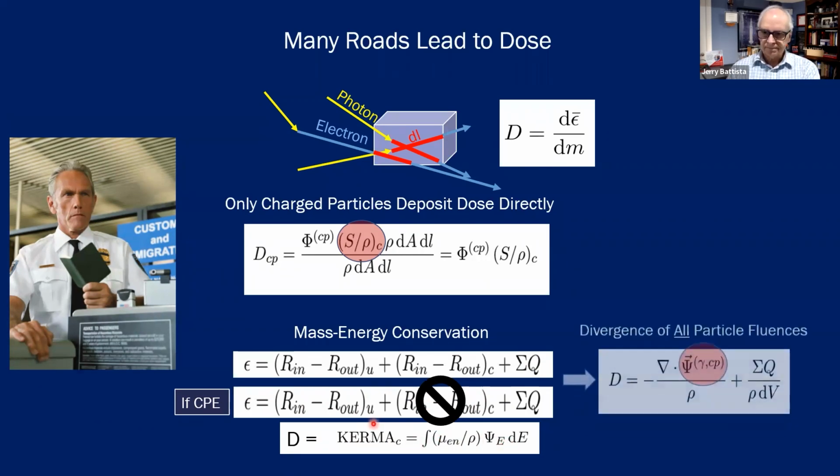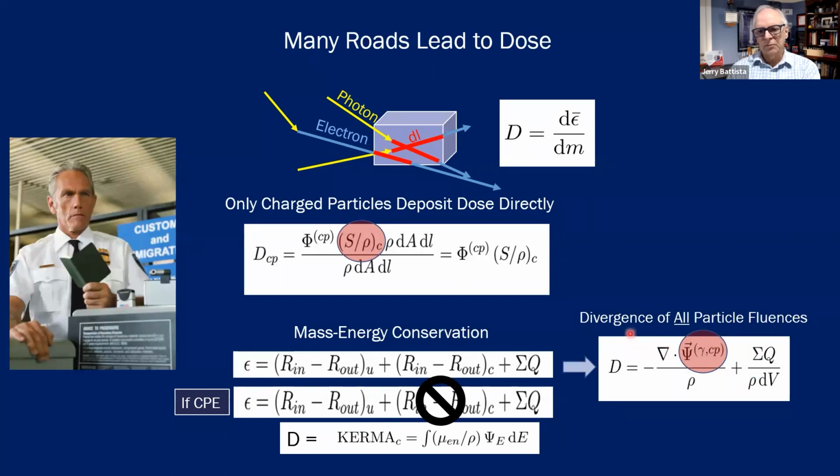Now I want to introduce something called the divergence theorem. If you want to look at all the particles coming in and all the particles coming out, there is a wonderful divergence theorem that allows you to do that using vector fluence, and we'll describe that a bit later. So these two equations are the same. This uses vector fluence, and this just uses scalar fluences.